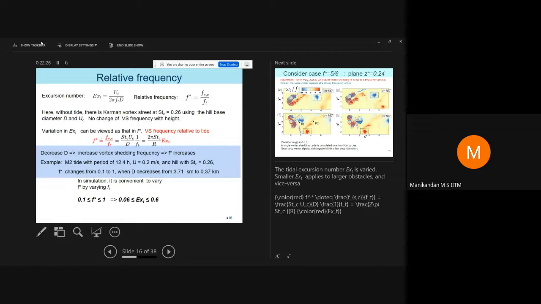So if you encounter a hill with a smaller peak, then the vortex shedding frequency f_sc would increase, right? Because D is decreasing, so f star should increase. An example is that if you take M2 tide with a period of 12.4 hours, and U is 0.2 meters a second, and the Strouhal number is 0.26, then when I change f star from 0.1 to 1, that is equivalent to changing D from 3.7 kilometers to 0.37. So essentially, by changing f star, I'm going to change the size of it.